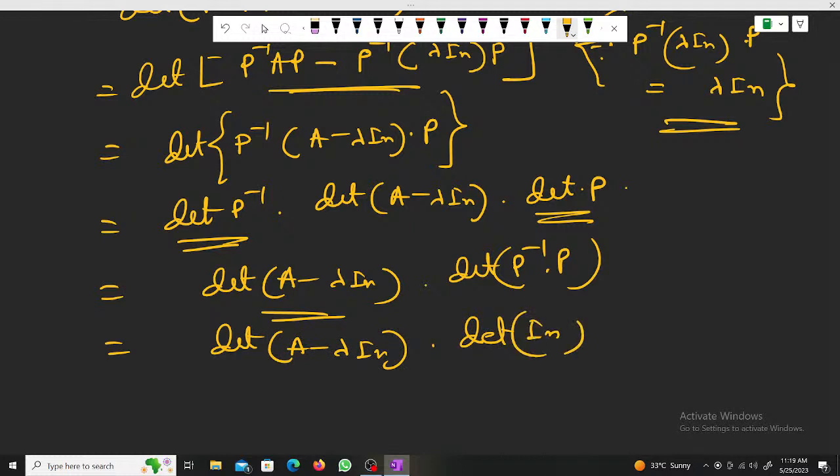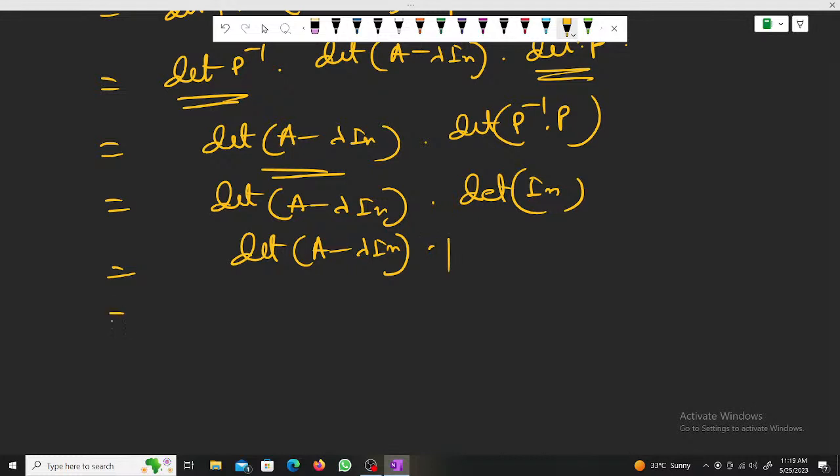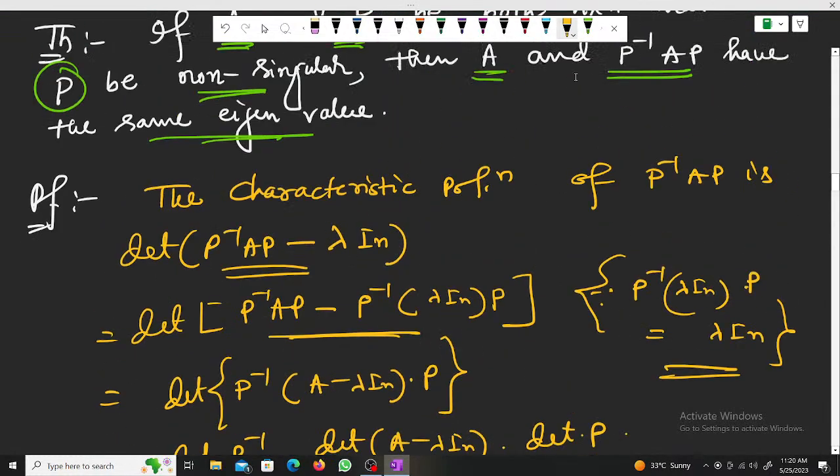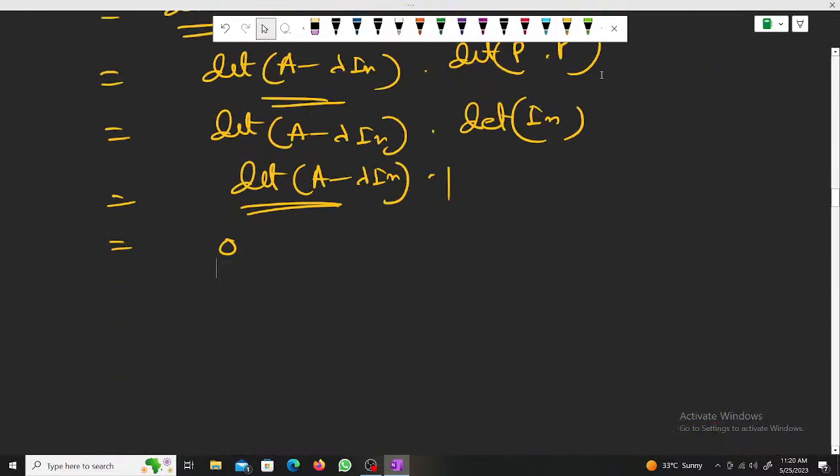We know that the determinant of I n equals 1. Now determinant of A minus lambda I n into 1, this is a given condition that since lambda is an eigenvalue of the matrix A, I have a given, right, which shows that this is not a zero.